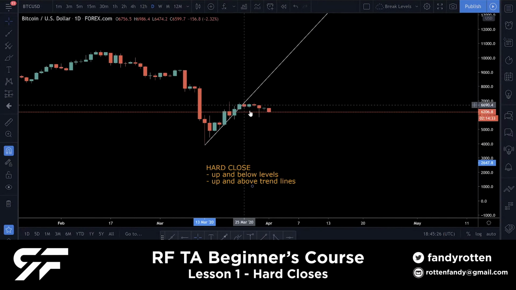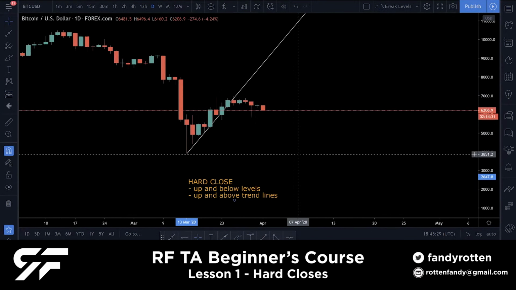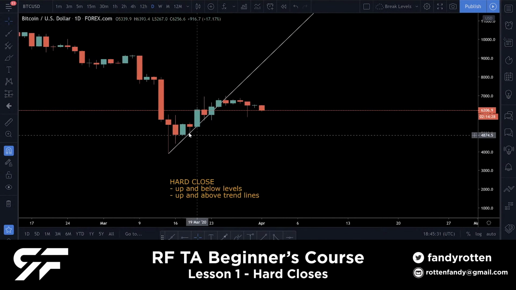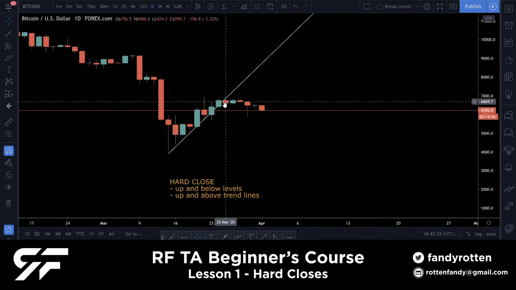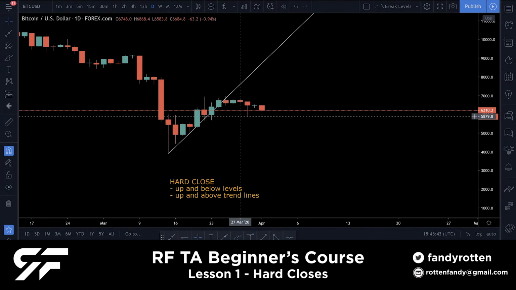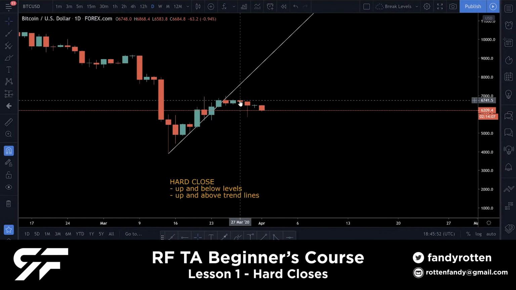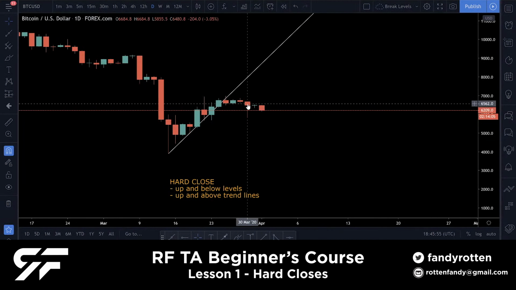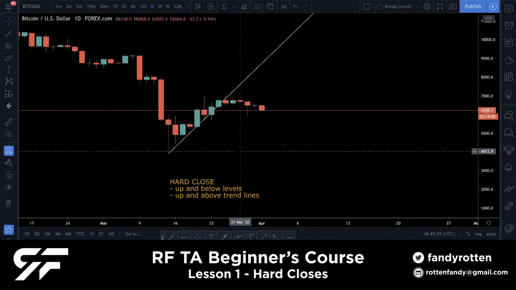However, you see how a small portion of it is piercing through, the trend line is piercing through a small part of this distribution candle. Ignore the green candles. In case of uptrends, we want to pay attention to distribution candles only. So the top of the body of the distribution candle has to start below the trend line. In this example, these three will be considered distribution hard closes below this uptrend. Hope this is clear.